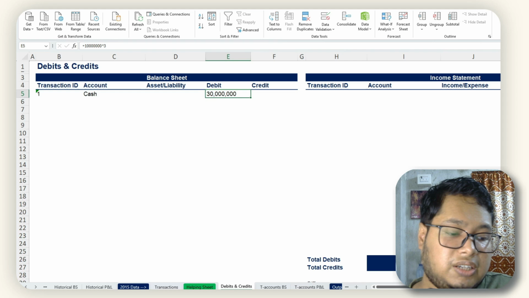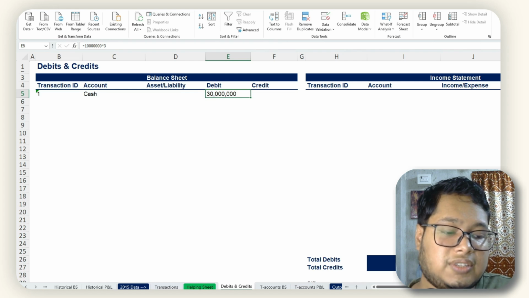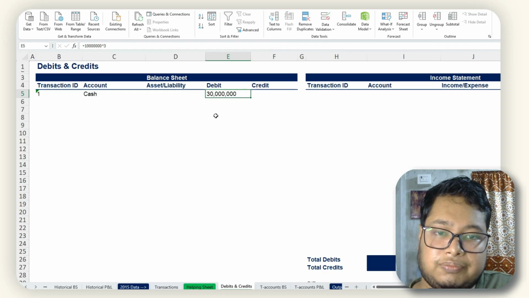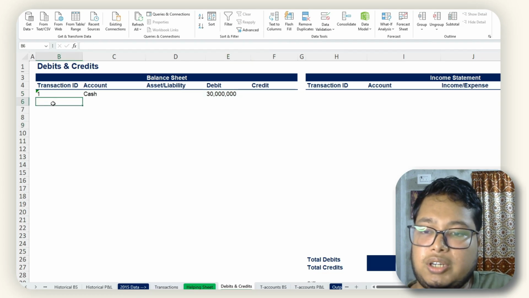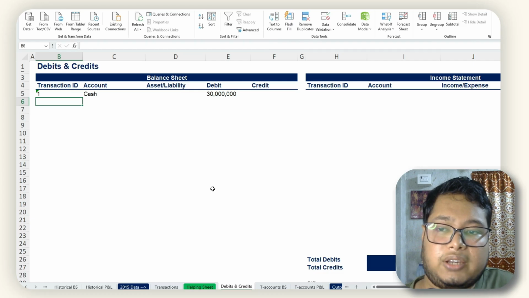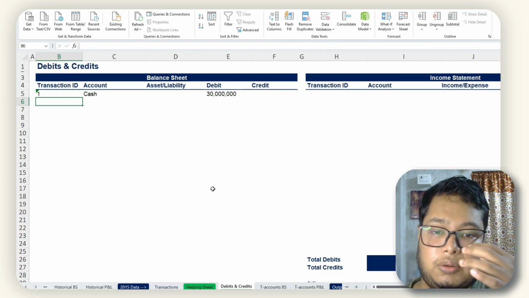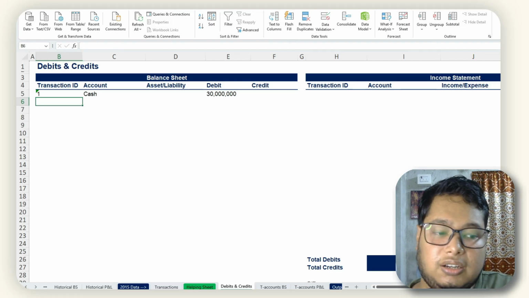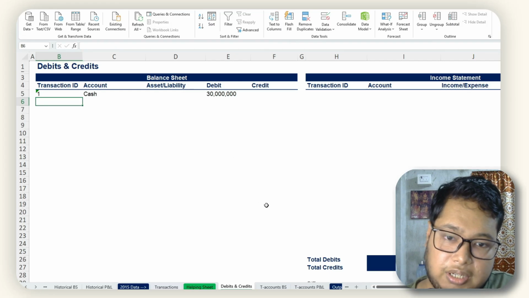So I have changed the region in the settings. So in your case, if you try it yourself and wonder why it's not looking like that, you can change the region from your system settings, not the Excel settings, obviously.